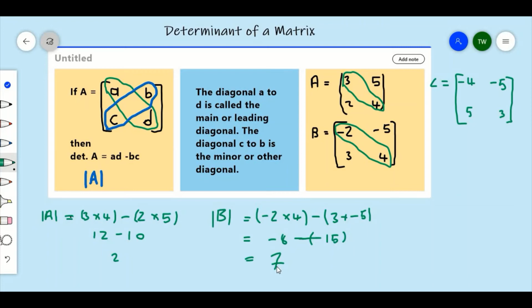All right. Now let's look at our last example, which is the determinant of C. Again, it's going to be the product of the leading diagonal minus the product of the other diagonal. So the leading diagonal is going to be negative 4 times 3 minus 5 times negative 5.